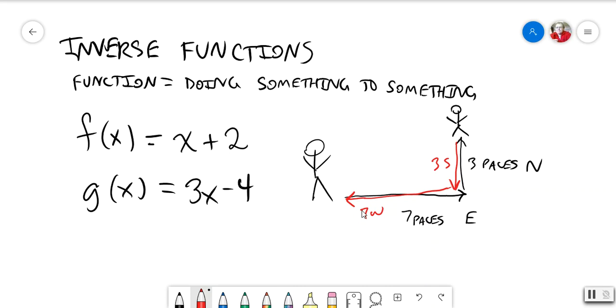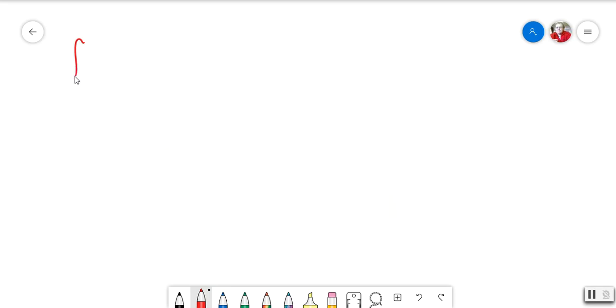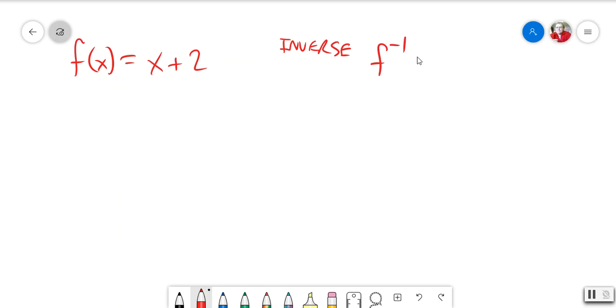That's what we're doing with functions. So for an inverse function, if I go 2 forward, I want to go 2 back. Concretely, let's go back to f(x). The way we write inverse is with a superscript -1.